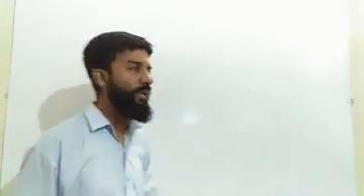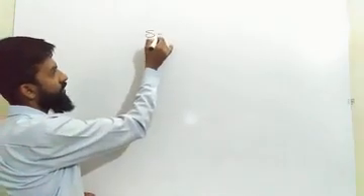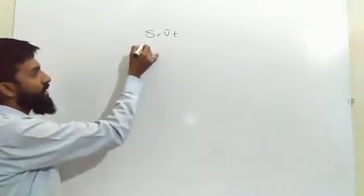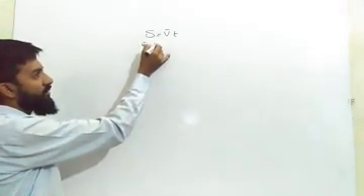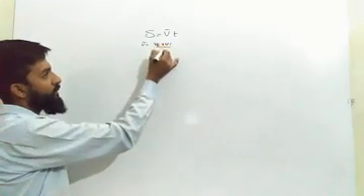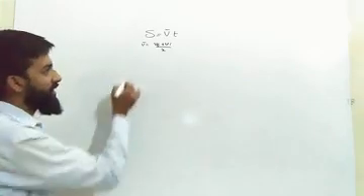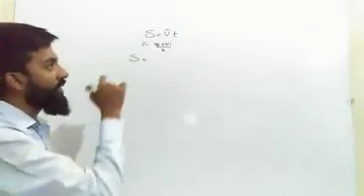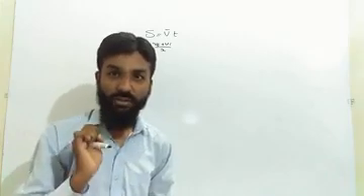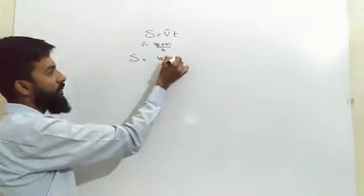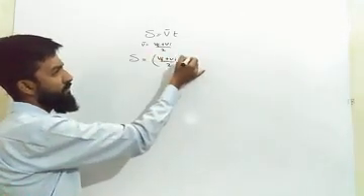Due to the change in velocity, acceleration will be created, and the distance covered by the body is s is equal to V bar into t, average velocity times time. Average velocity is equal to Vf plus Vi divided by 2, so s is equal to Vf plus Vi divided by 2 into t.